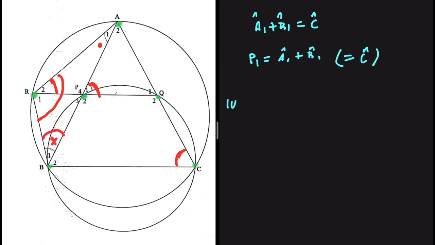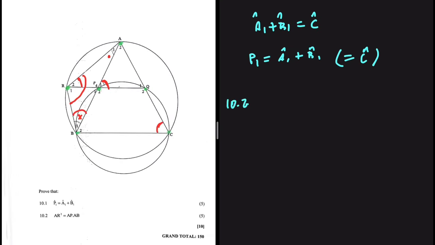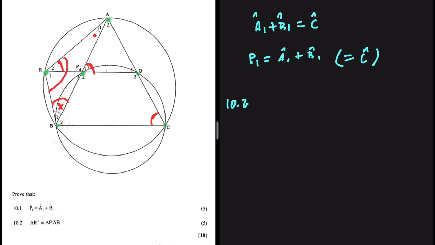Let's move to 10.2. We're supposed to prove that AR squared is equal to AP multiplied by AB. Well, usually when we have a question like this, we need to prove similarity. We have sides AR, AP, and AB.